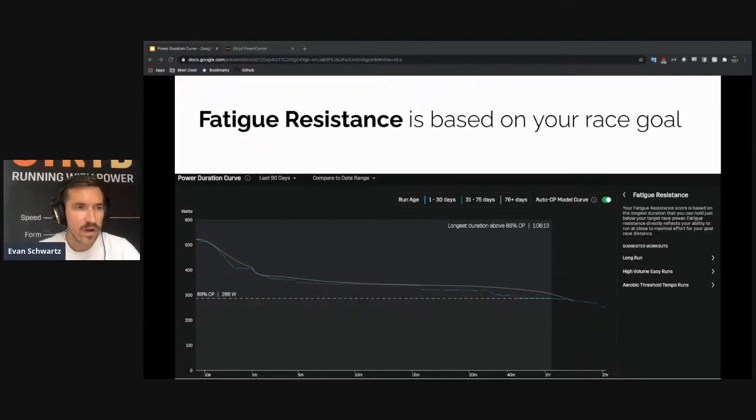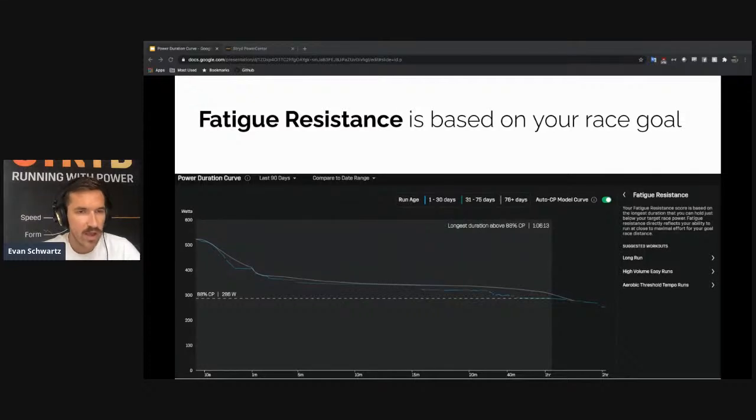Fatigue resistance directly reflects your ability to run at a close to maximal effort for your goal race distance. So because I chose marathon as my current goal race distance, my longest duration above 88% of my critical power is going to be my relevant and specific fatigue resistance.